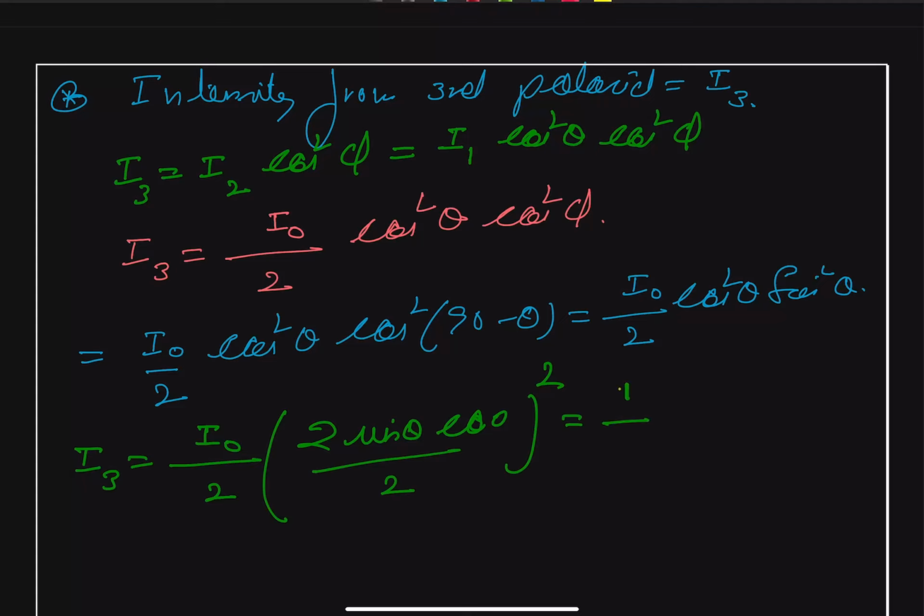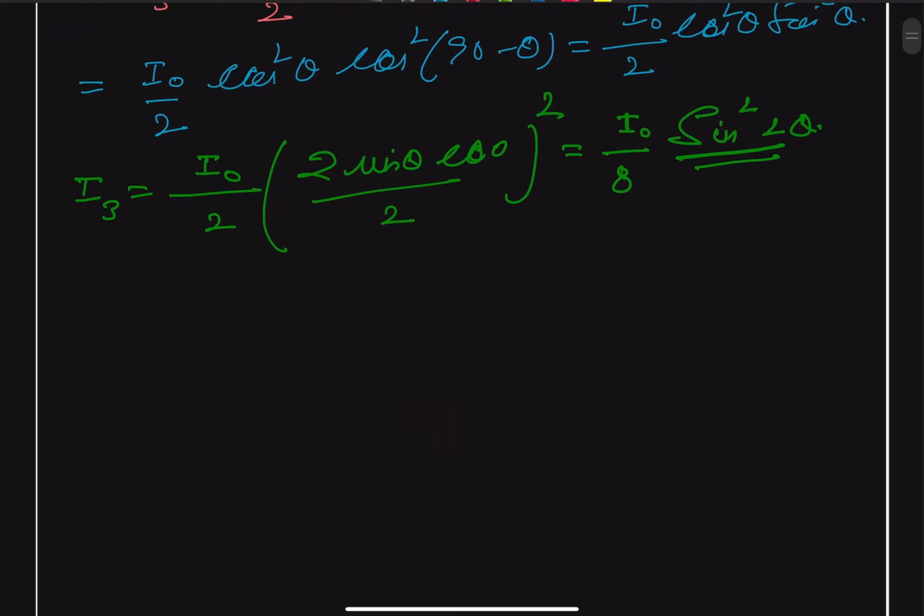And this gives us I0 by 8 sine square 2 theta. We want that our I3 should be maximum, and that is only possible when sine 2 theta is equal to 1.